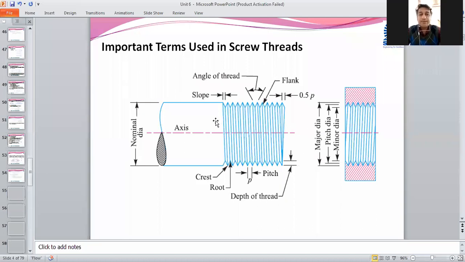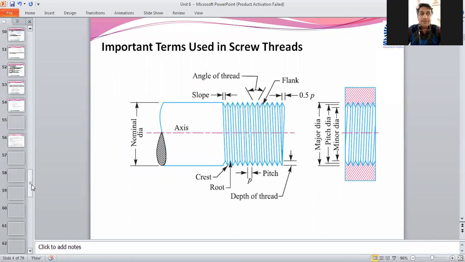So here we are going to start today's lecture with important terms used in screw threads, because unless and until we understand the terms which are used in threads, we are not able to find out the various parameters or diameter of the bolt, and we're not able to design a joint which can sustain the externally applied load.